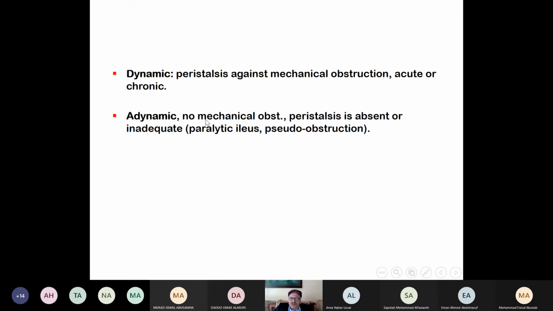So although we don't have mechanical obstruction, we consider that the patient is obstructed because the contents of the bowel are not moving. So the bowel is not doing its job, whether absorption or motility and movement of the contents. It can occur in the small intestine, we call it paralytic ileus. It can occur in the colon, we call it pseudo-obstruction.